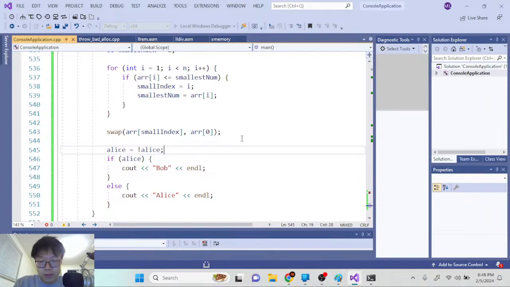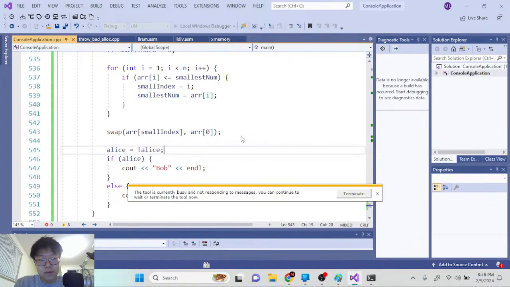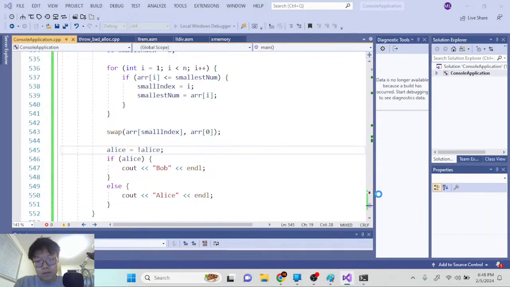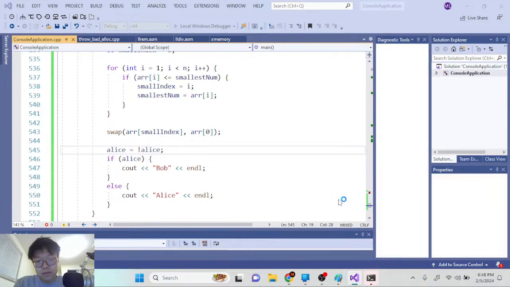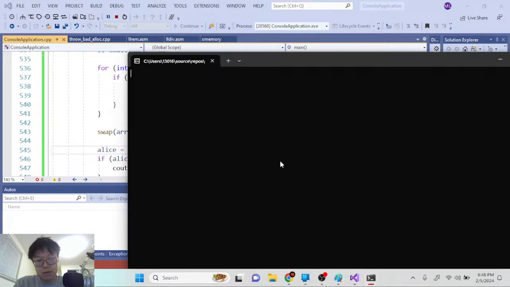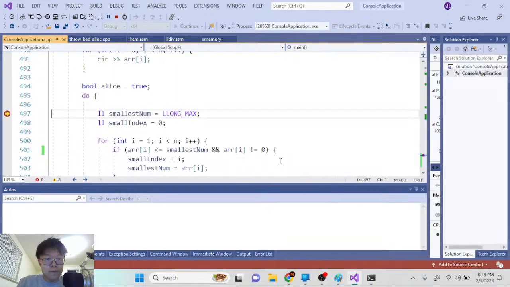How long have I been working on this problem? So 3, 2, 8, 4.